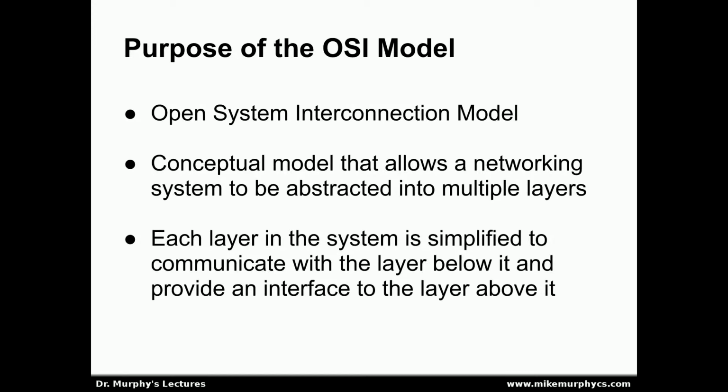So this is a conceptual model whose purpose is to simplify the way that we design, communicate, and think about how a networking system would be implemented by separating out all the details into discrete layers where each layer maintains a certain amount of independence from the other layers.